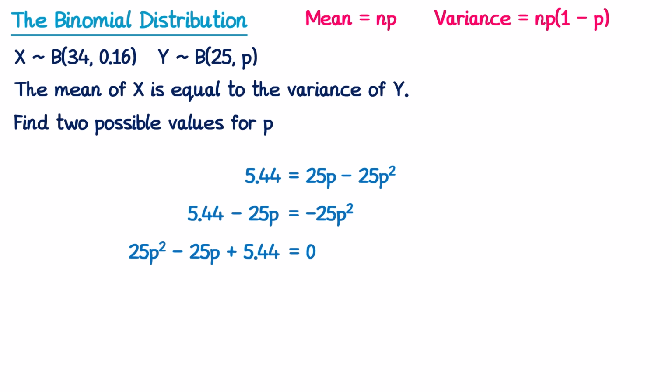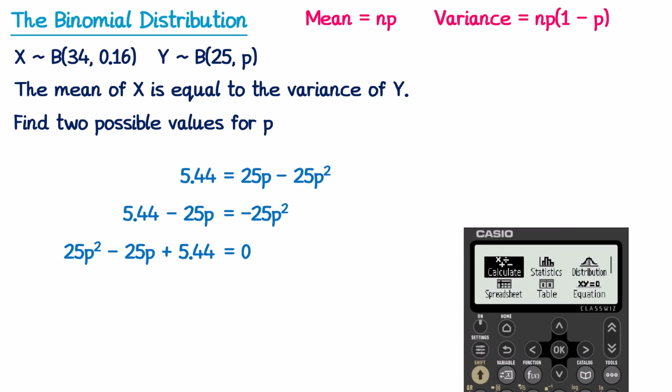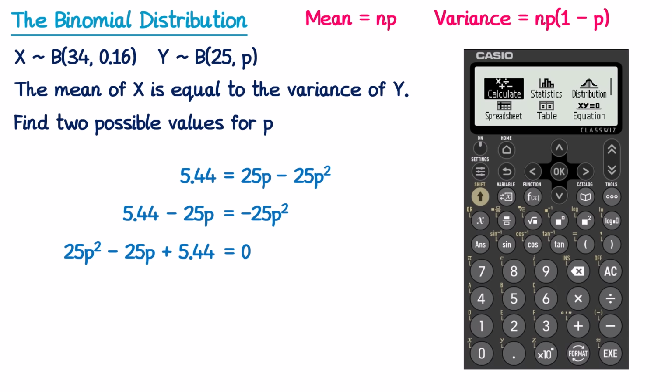Now you are expected to solve these on your calculator in your A-level exam, so let's have a look at how we do this. Bringing up your calculator, we want to go down to equation, and then here we select polynomial, and the first one there, which is a quadratic. We'll need to enter the values of a, b, and c. A is 25, b is negative 25, and c is 5.44.